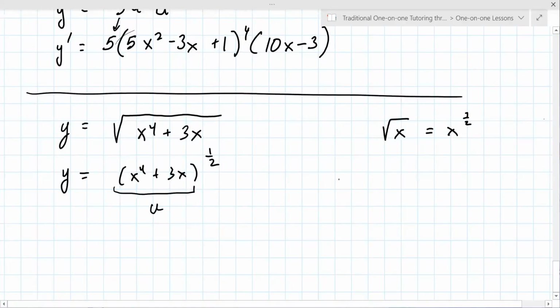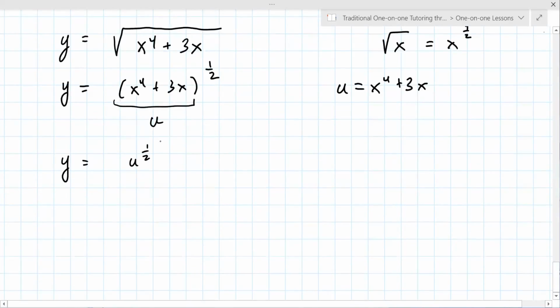Your u is x to the 4th plus 3x. So y is equal to u to the 1/2. So the power rule, right? Bring this exponent down, 1/2 u, you subtract 1, so it's minus 1/2, times u prime.